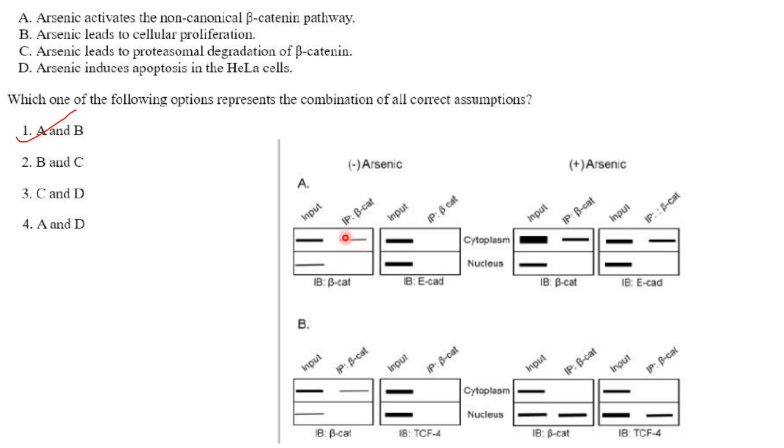Now input is your control. In control, beta-catenin is present. Then E-cadherin is not present in the arsenic minus condition. This is E-cad. Immunoblot of E-cadherin in arsenic minus condition, E-cadherin is not present.